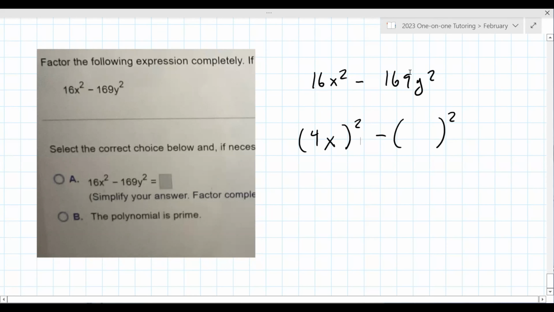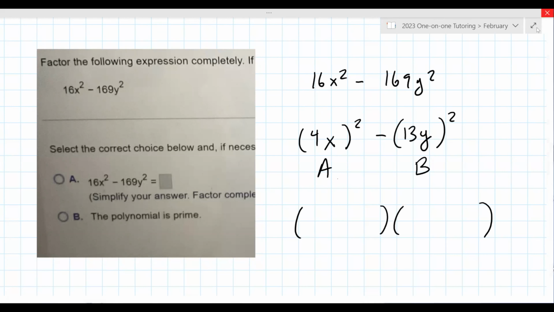x. To get back to 169 is 13, and then y. So again, this is your A, this is your B. Tell me what to write here, please.